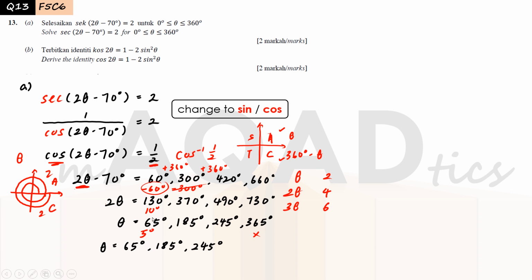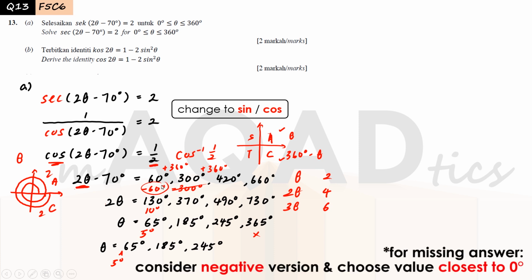Okay, so this is actually one of our answers that we missed out. Right, so in total, there will be 4 answers. Because here, 2 theta means we need to have 4 answers. So if you are missing 1, we need to look back at our negative version of our answers. And usually we will find the value which is close to 0. Don't want to choose these very big negative values.